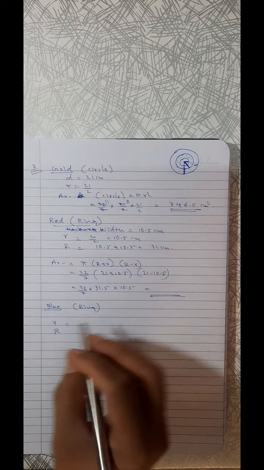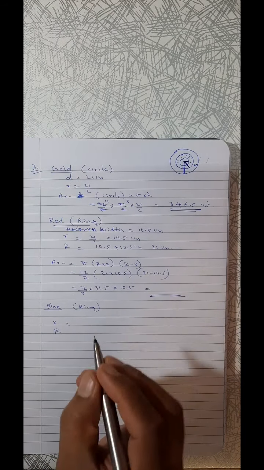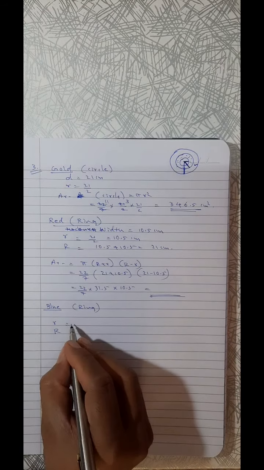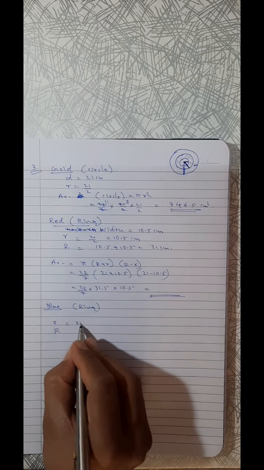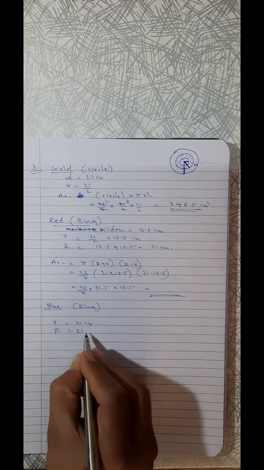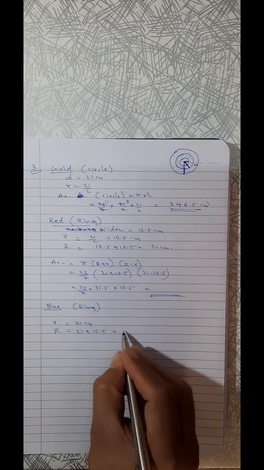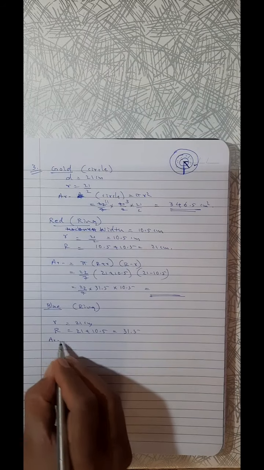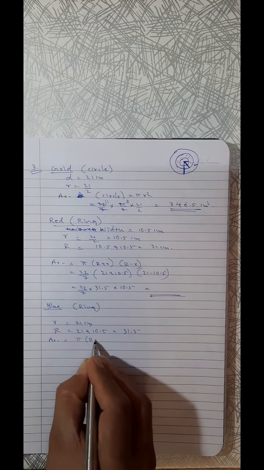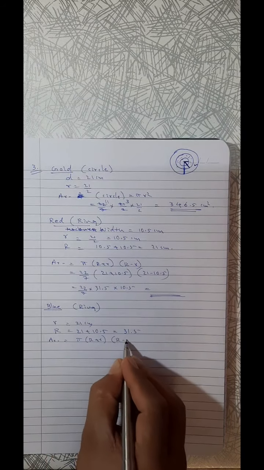So small r is going to be 21. Capital R becomes the small r of the next one. 21 centimeter, and capital R means 21 plus 10.5, 31.5. Now area equals pi into R plus r into R minus r.